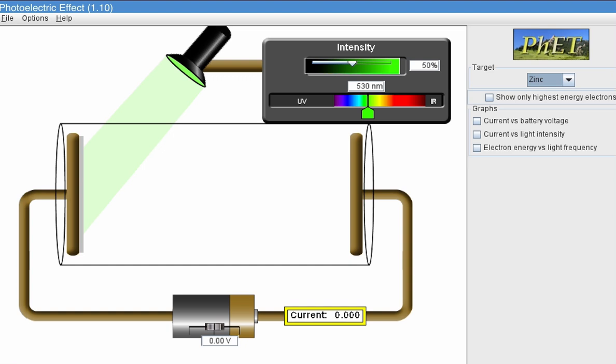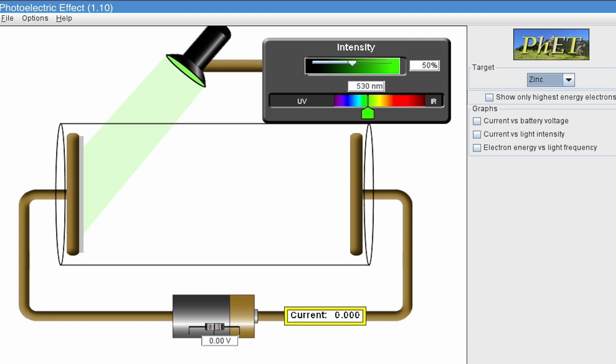It implies the fact that the frequency of green is not suitable to eject electrons from the zinc metal. So the frequency of light is less than the threshold frequency of the zinc metal. So no photoelectric effect is taking place.